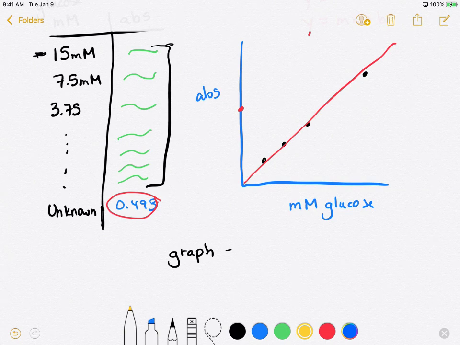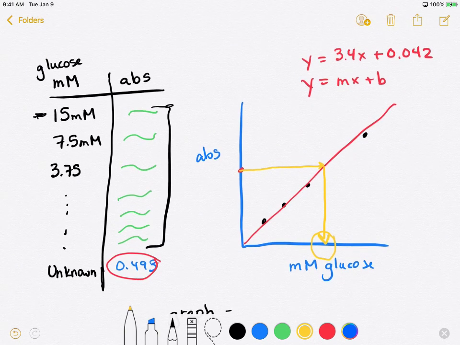Once you find the absorbance on the y-axis, you then go across till you hit your standard curve line. Then you drop down wherever that line crosses the x-axis. That's your approximate glucose concentration. We wanted to be really precise, however, so we asked you to use your equation of a line to figure out the exact concentration of glucose in your sample.